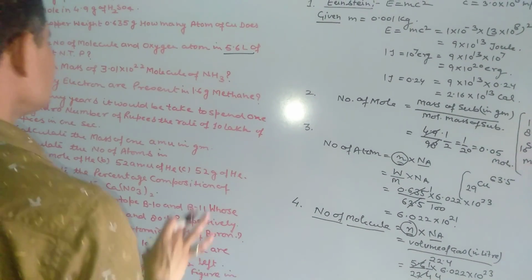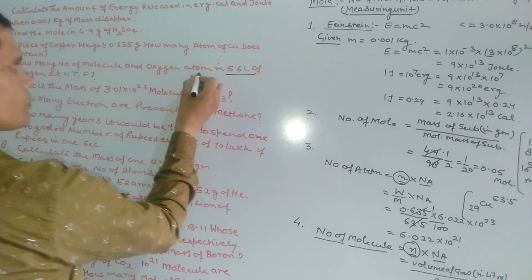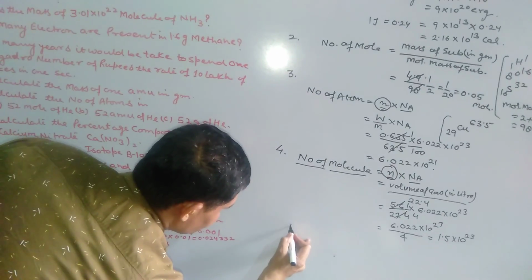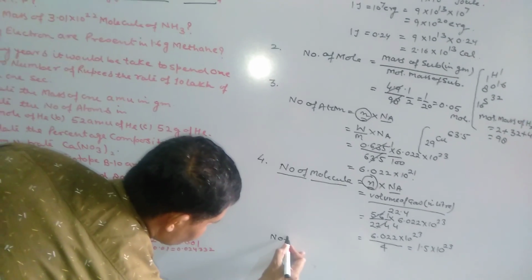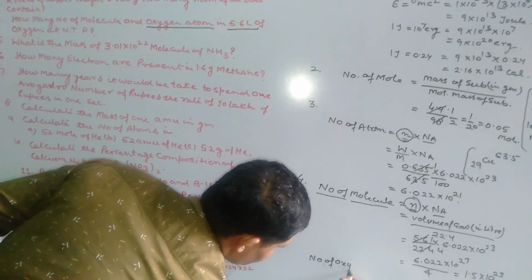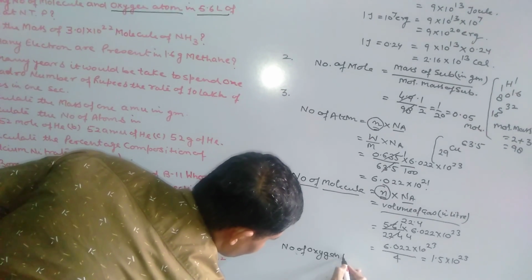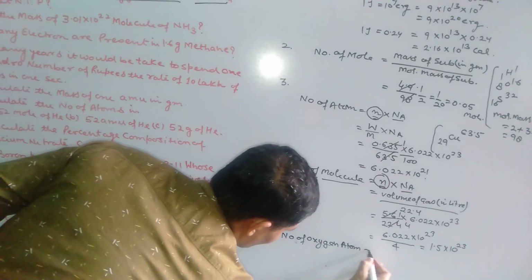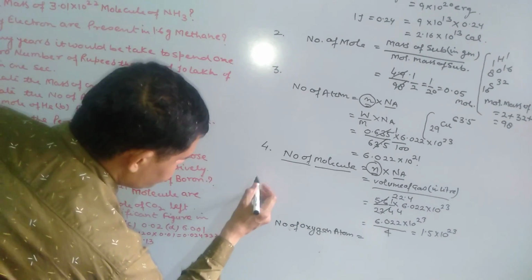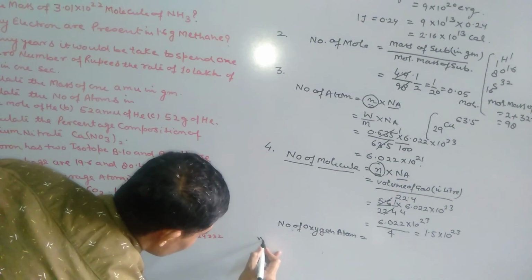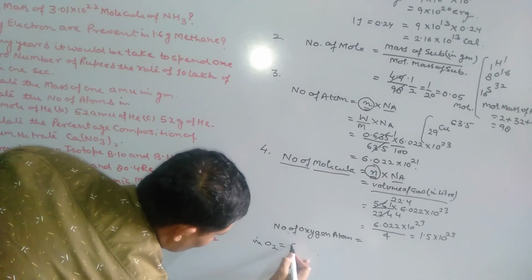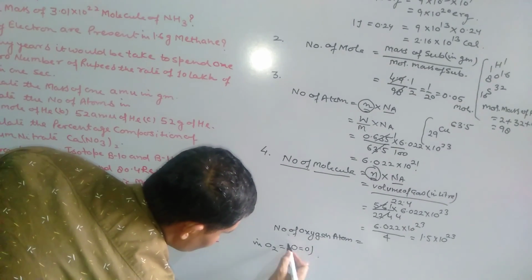Next one, find also the number of oxygen atoms. We know that in an O2 molecule, there are 2 oxygen atoms.